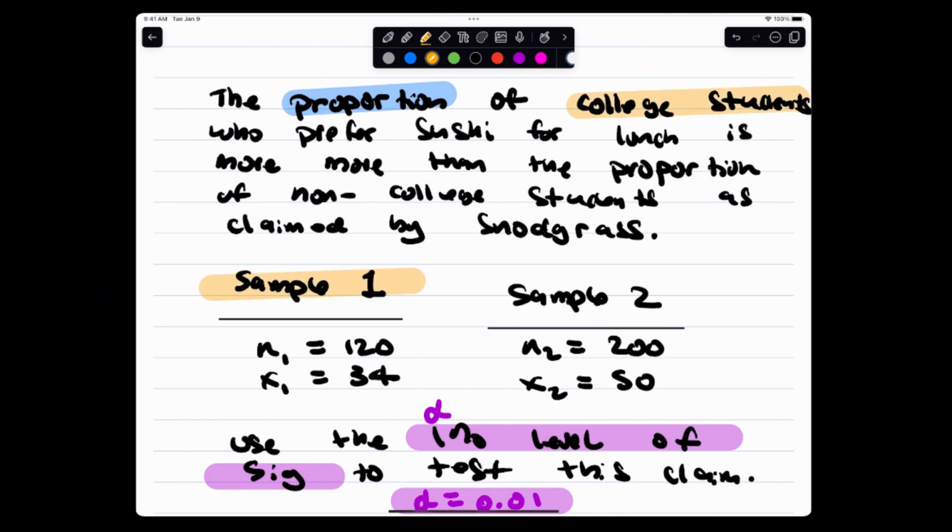College students who prefer sushi for lunch is more than the proportion of non-college students, as claimed by Snodgrass. Is it 1%? Yeah, 1%.